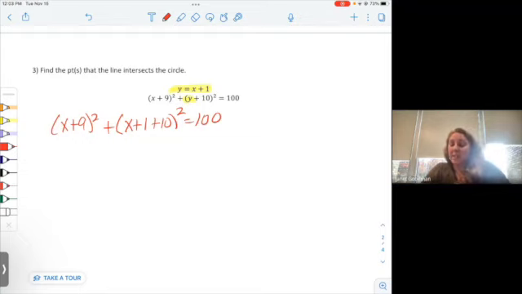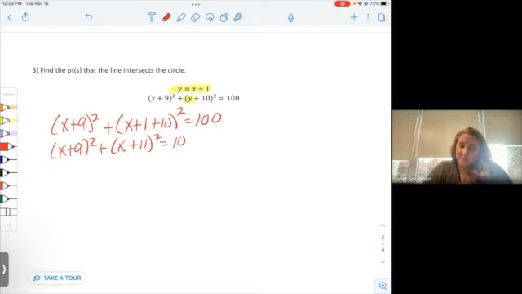All I did was I took out the y, and in its place, I put x plus 1. Let's clean it up. So we were asking ourselves, where does this line with a slope of 1 and a y-intercept of 1 intersect this circle who has a center at -9, -10, and a radius of 10?